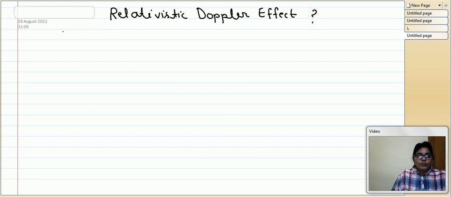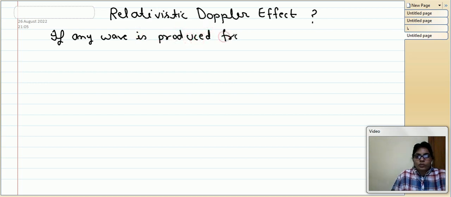So Doppler effect means that if any wave is produced from a source, now this wave may be a sound wave, it may be a light wave, or any other wave.